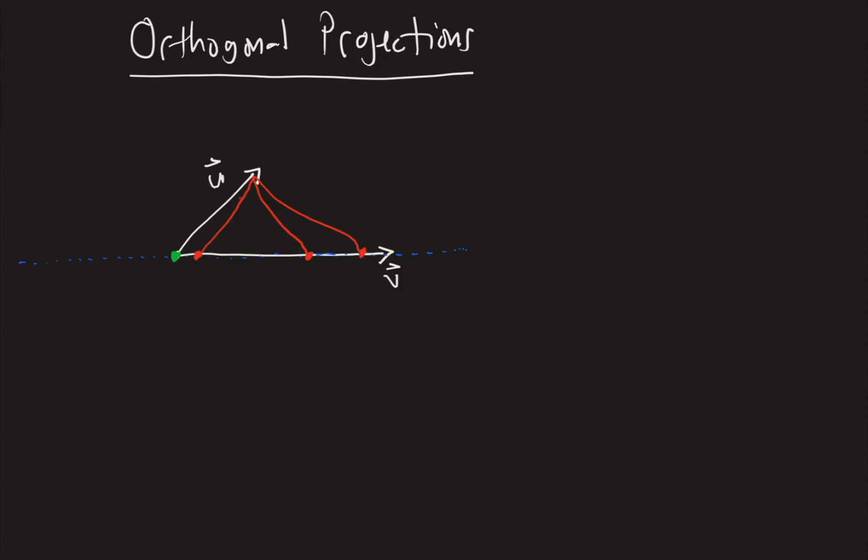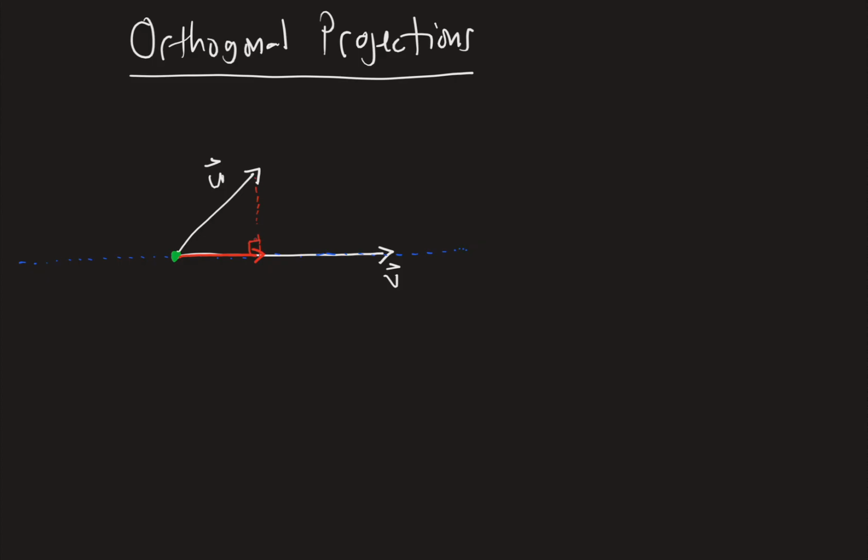And what we want is these red lines to be as short as possible. So intuitively, you should be able to see that this red vector should probably stop somewhere around there, so that it actually forms a right triangle with that altitude that I just drew.